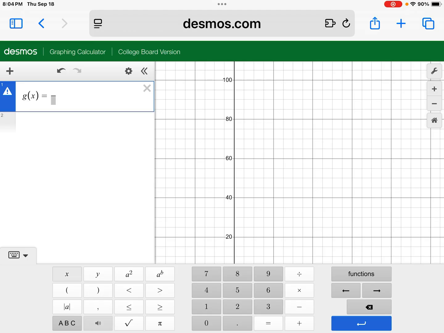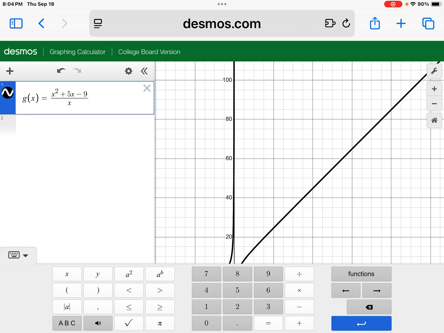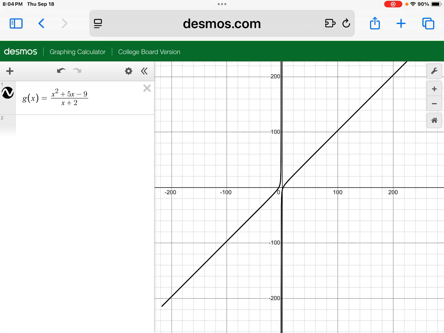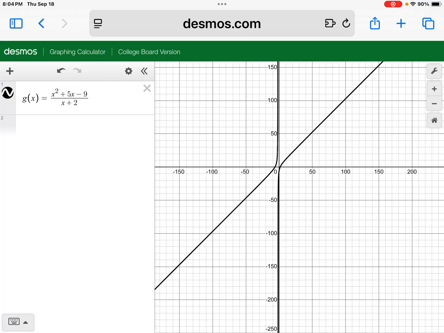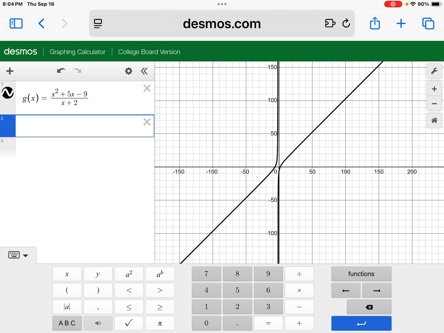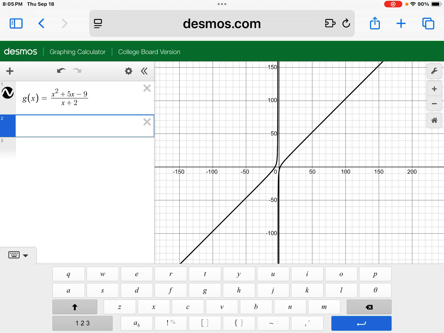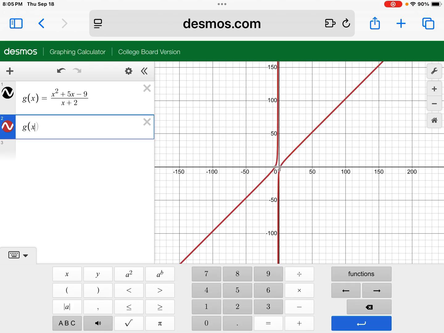It'll be x squared plus 5x minus 9, and on the bottom, x plus 2. We can see here a function that, hopefully you can tell, has a slant asymptote. But it asks us, when does g of x equal 5?